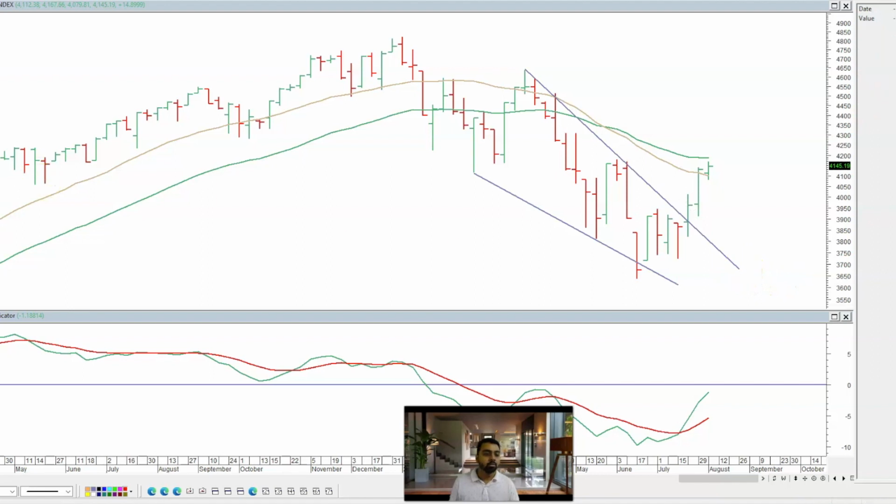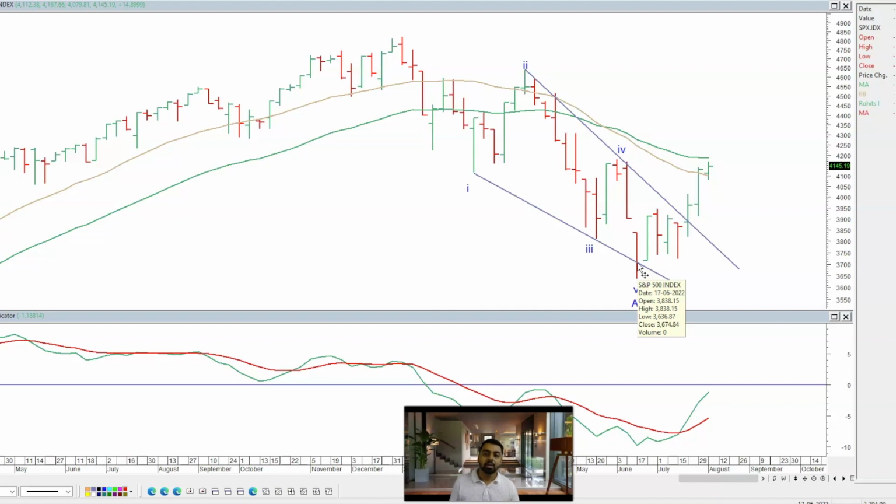This is wave 1, this is wave 2, this is wave 3, this is wave 4, and this is wave 5, and this entire fall is wave A. Many of you might not know, but a leading diagonal can typically occur in wave 1 or in wave A. What it essentially means is that once the fall is over and the pullback is complete, it will be followed by the next leg of correction.